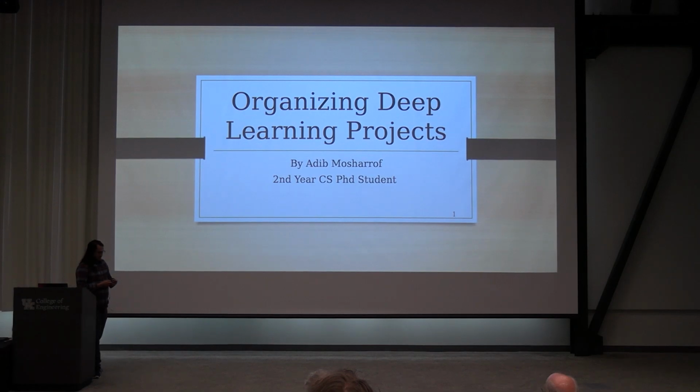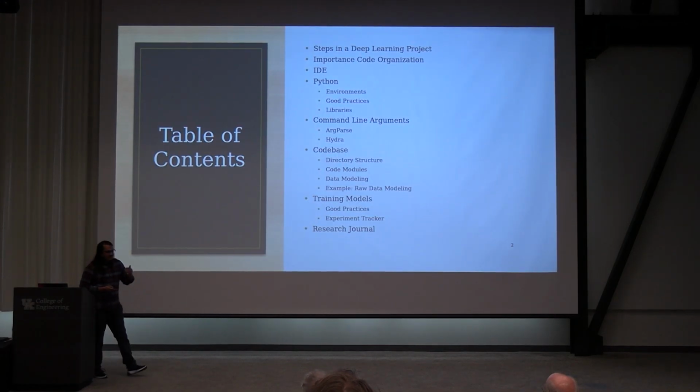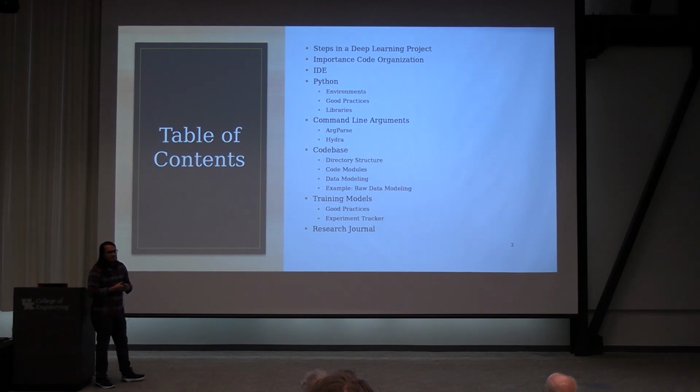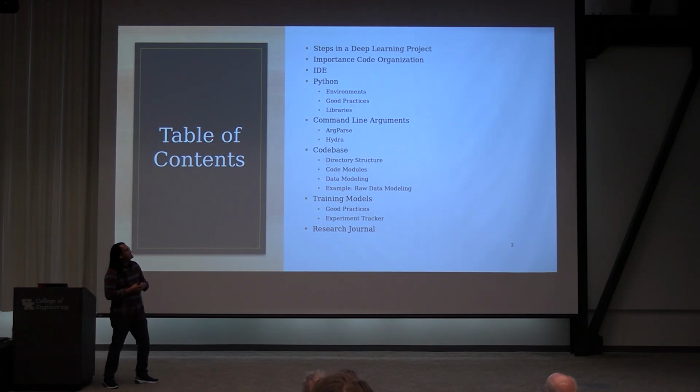Okay, let's get started. So in this talk, I will talk about a few things like what are the steps in a deep learning project, then the importance of code organization, the IDE that I use, talk a little bit about Python environments and practices, and some third party libraries that I use. And then we talk about command line arguments. There's some libraries that we use to fulfill that.